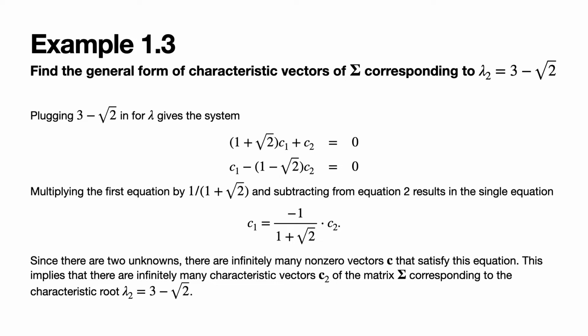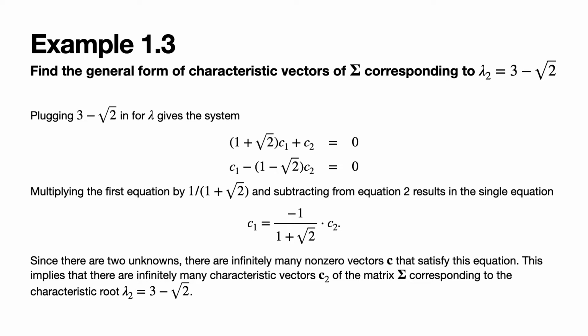So the quantity 1 plus the square root of 2 times C1 plus C2 equal to 0. The second equation is C1 minus the quantity 1 minus the square root of 2, that times C2, equal to 0 as well.